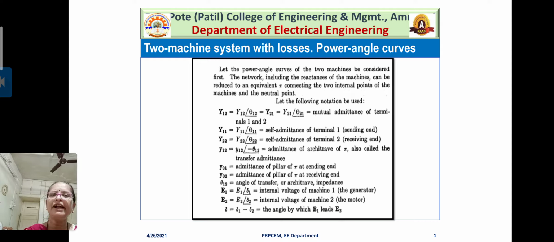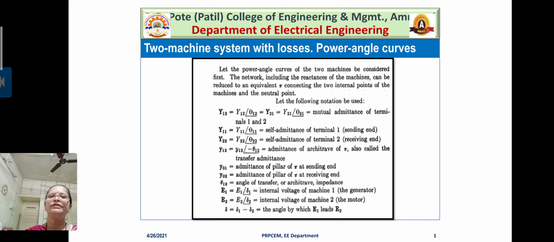Y11 is the self admittance of terminal 1, the sending end, at angle theta 11. Y22 is the self admittance of terminal 2, the receiving end, at angle theta 22. Small y12 is the admittance of the architrave of pi.